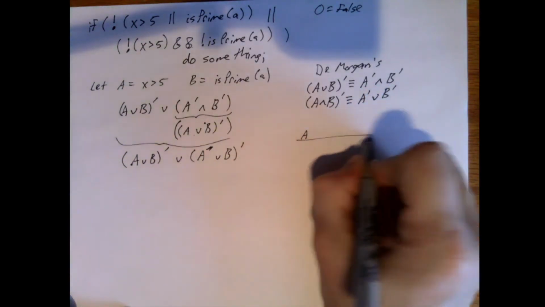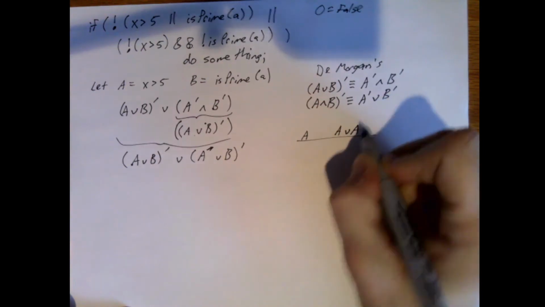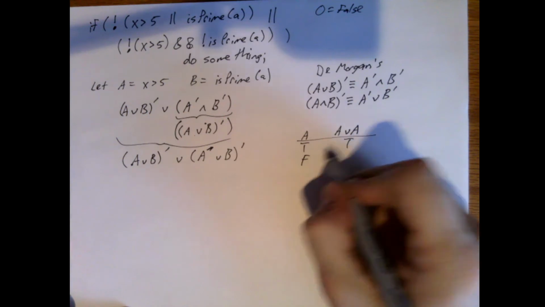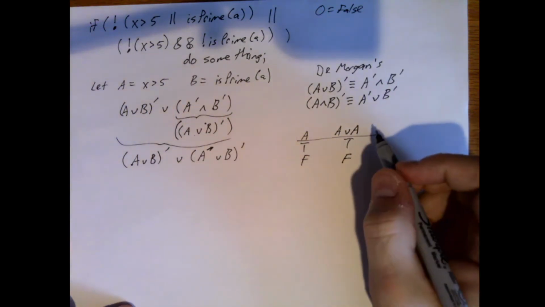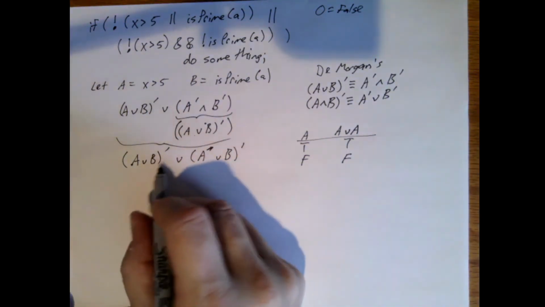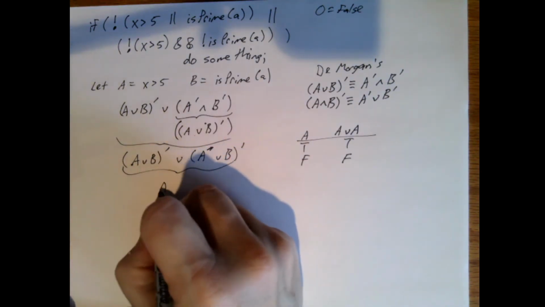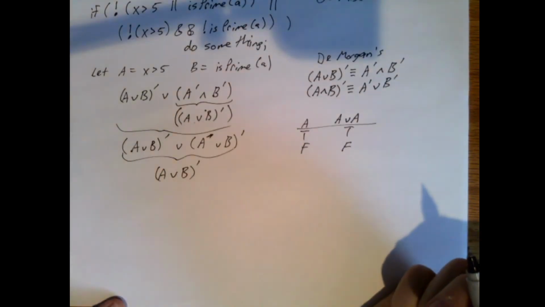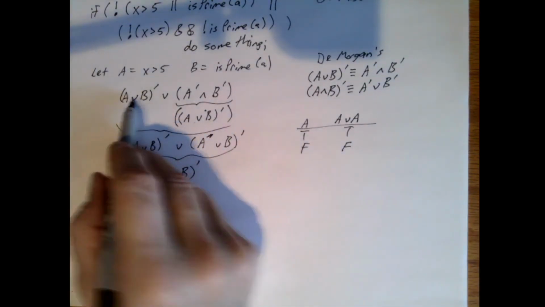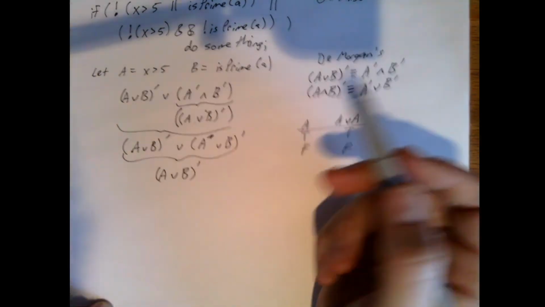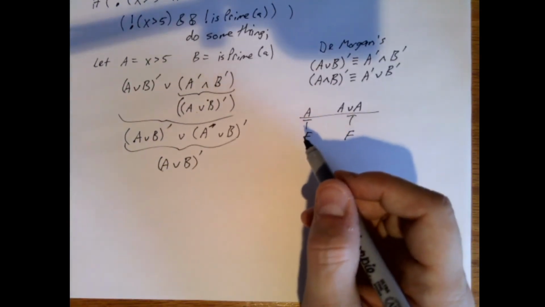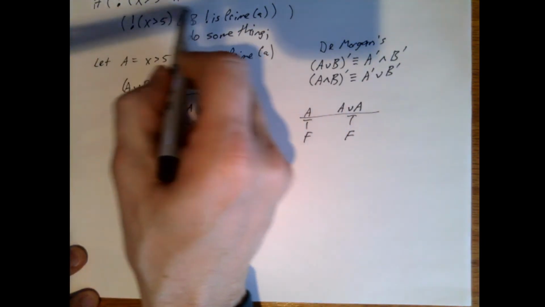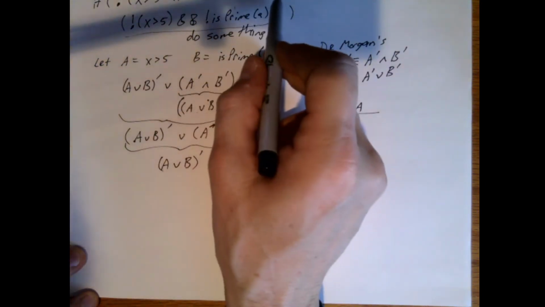So if I have A, and we look at A or A, true or true is true, false or false is false. So these are really redundant, so we can replace both of these with simply just a single one of these. Okay? So we could either do this, or I could have changed this to the other one where I negated each of these. It's up to you. Okay? But that's a simplification. Really, all I need to do is pick either this or this. These are really redundant. I don't need the or.